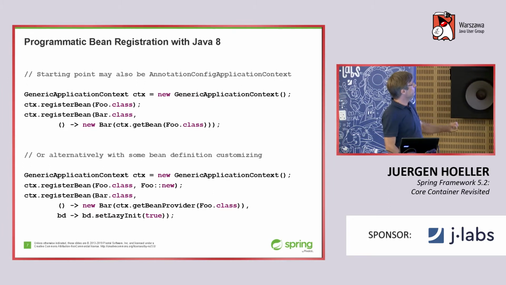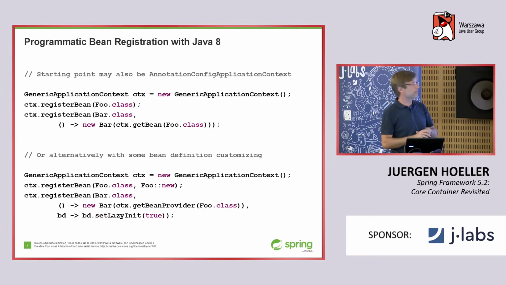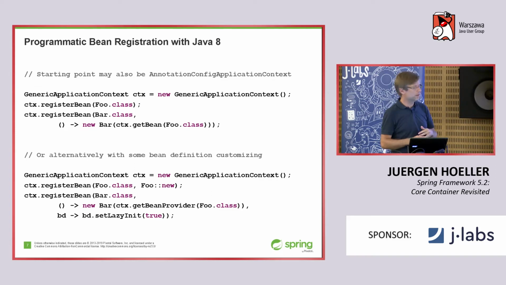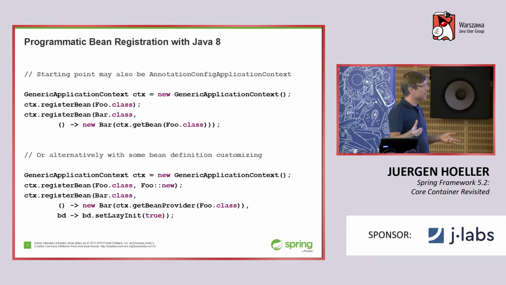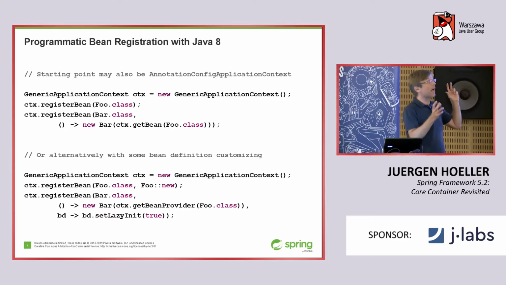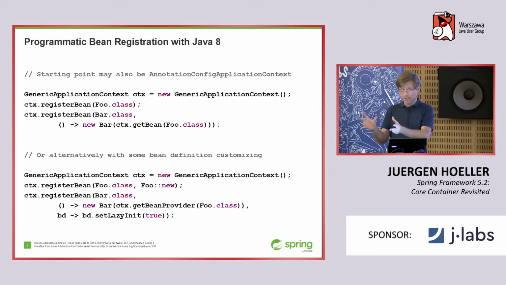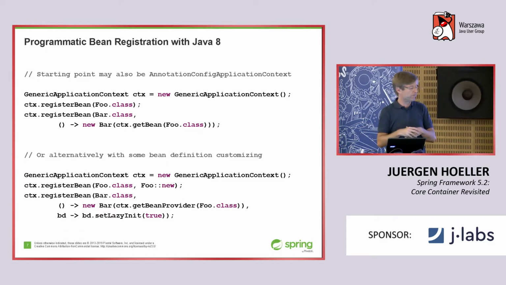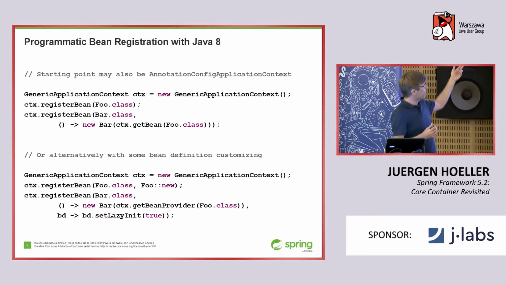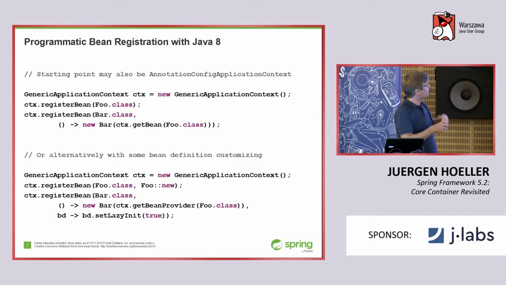More interestingly, there's the second variant here, the bar.class variant. This one is a little more explicit. It basically says, I'm going to tell you how to construct an instance of that bean once you need it. It's registering a bean definition for the component class bar.class, and then it passes in an instance supplier.